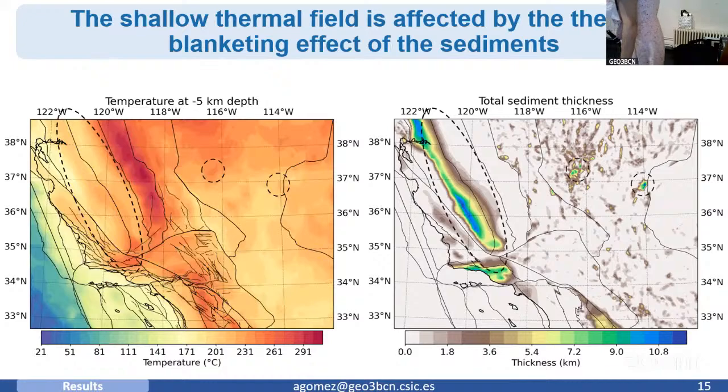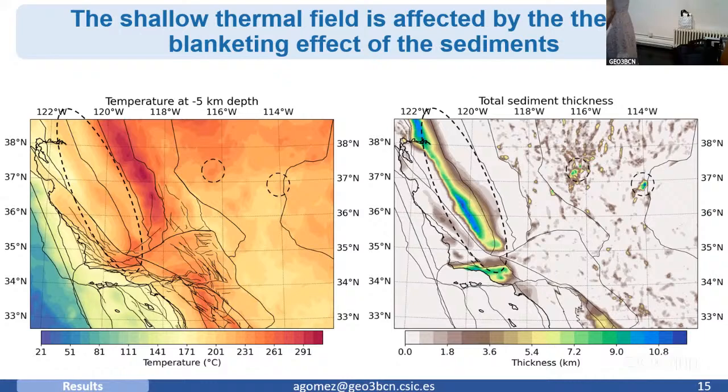Another important factor that should be taken into account is the thermal blanketing effect of the sediments. Here you see the temperature at 10 kilometers depth. Here I am highlighting the regions where we are matching some of these depocenters.